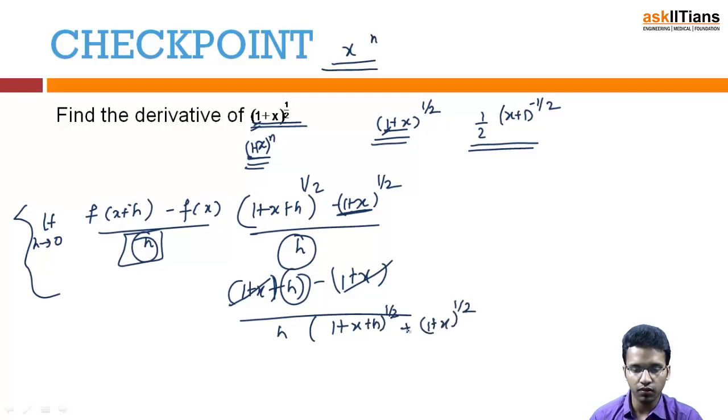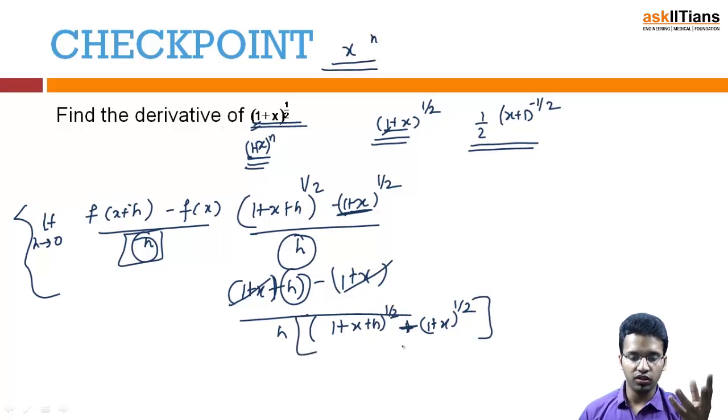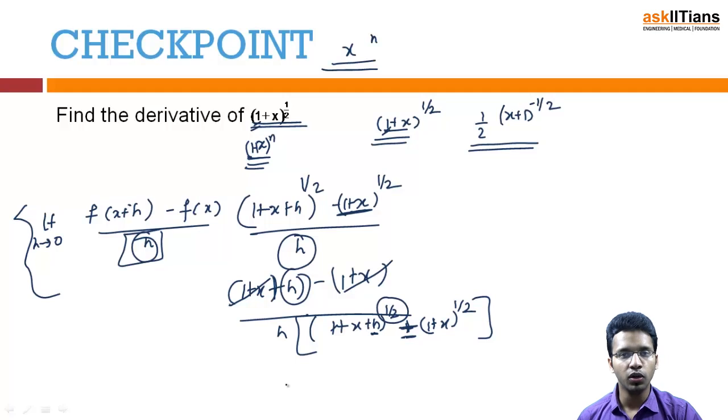Whenever the plus comes, then whenever you put 0 or whatever the value of h, the discrepancy gets over due to the plus. Otherwise, if you put minus, this will again get cancelled. Here the power is half, but suppose it's not half, then it gets cancelled, so we don't want that. In plus it gets added, so the case of 0 gets eliminated.